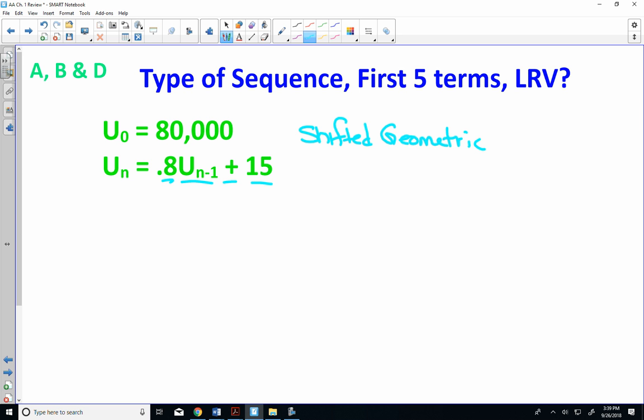You start out with the first term as 80,000. Then if you take that times 0.8 plus 15, you will get 64,015.